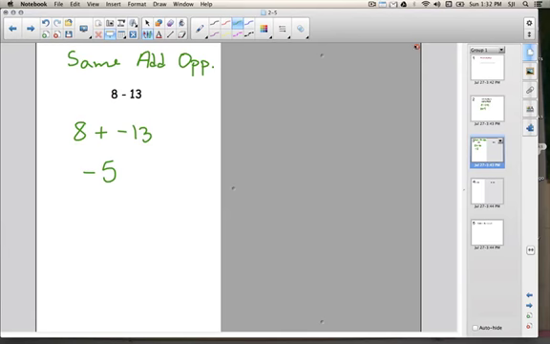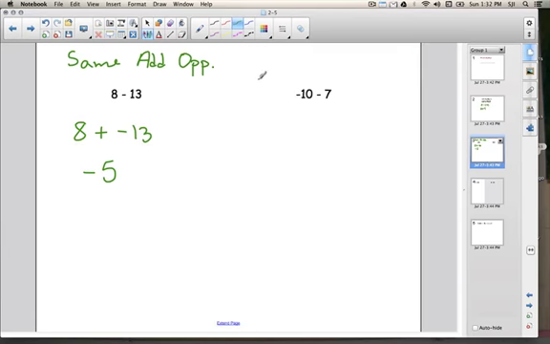Let's try another one. Here we have negative 10 minus 7. So again, we're going to apply this same, add, opposite. That means negative 10 is going to stay the same. I'm going to change my subtraction to addition. And I'm going to change this 7 to its opposite, which is negative 7.